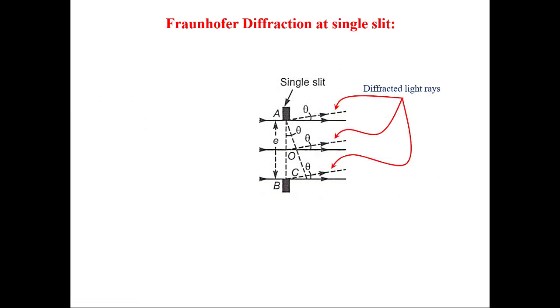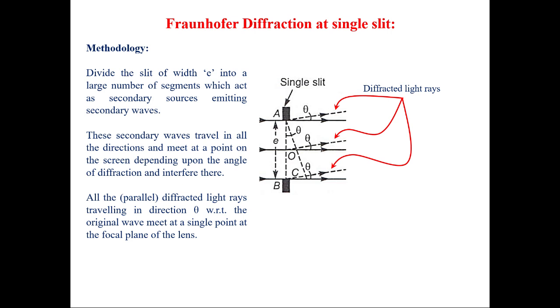Let us talk about the single slit alone and the diffracted light. As a methodology, we will divide the slit of width e into a large number of equal segments which act as secondary sources emitting secondary waves. These secondary waves travel in all directions and meet at a point on the screen depending upon the angle of diffraction, and they will interfere there.